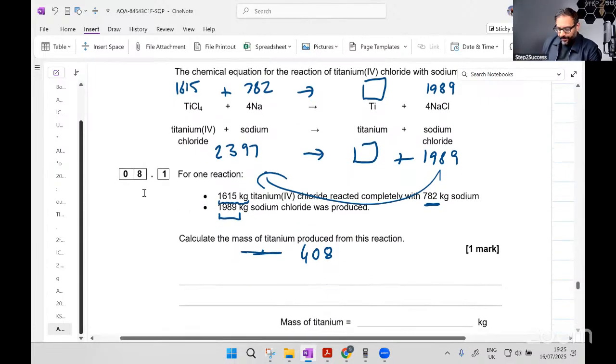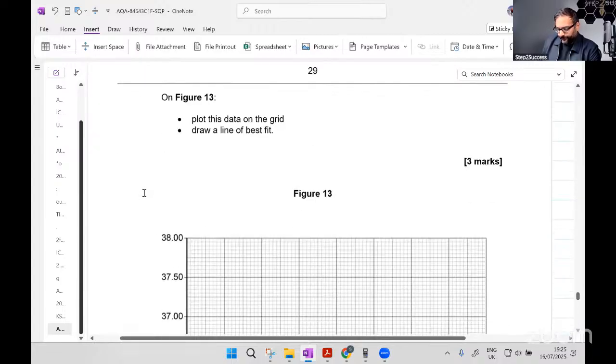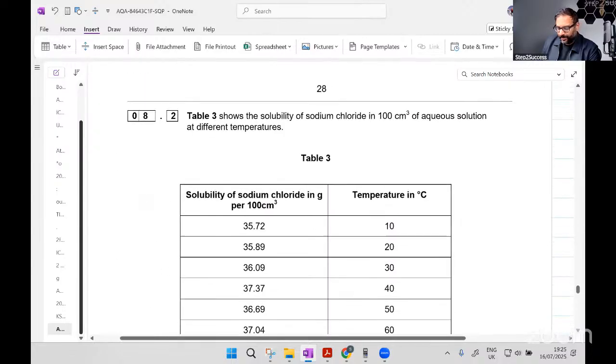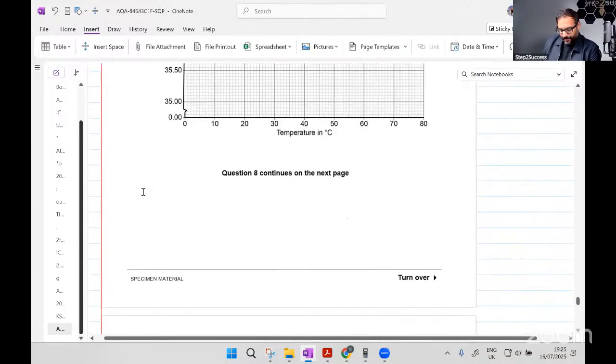8.1, 8.3. Oh, I'm not doing 8.3. You've got to plot a graph. Oh, sorry, that's 8.2. 8.3.